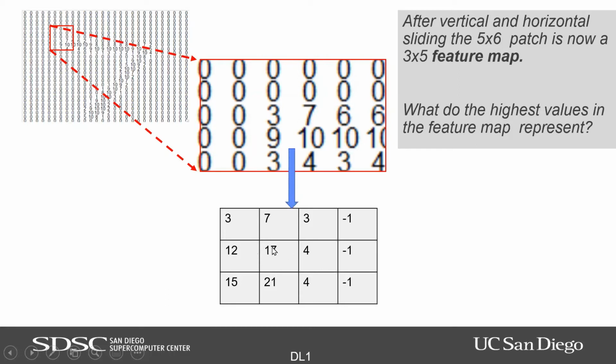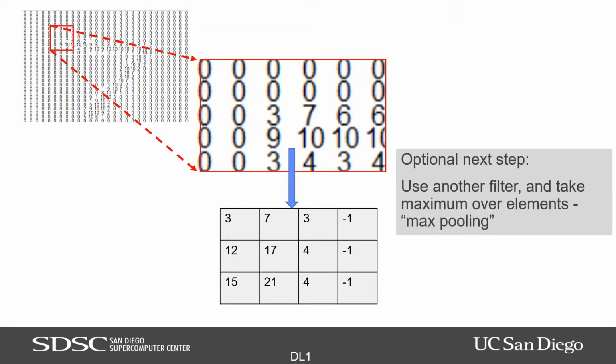If you look at where the highest values are, 21 is the highest value, and 17 and 15. This is basically the edge of the number 7. So when you get high values, you're getting something that's matching my filter. The filter is saying, look for changes in values as you go from left to right, in a vertical direction.